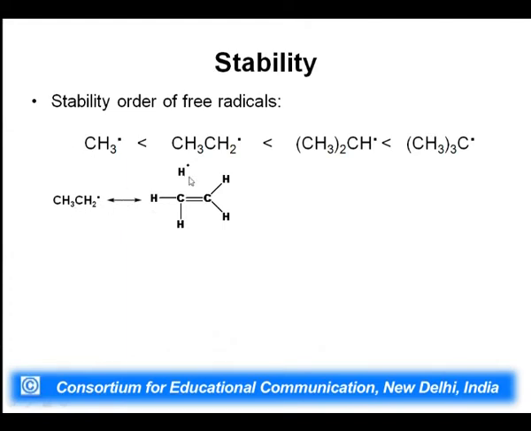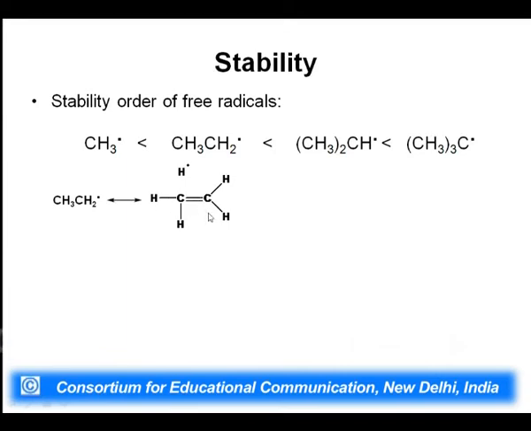So the alpha hydrogen of this CH3 group, when written like this, the carbon hydrogen sigma bond is giving up to form a carbon-carbon double bond. So hyperconjugation was a no bond resonance kind of system where this radical will move into an overlap of this carbon hydrogen sigma bond to give you a pi bond.